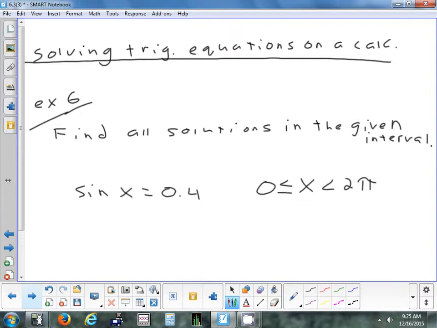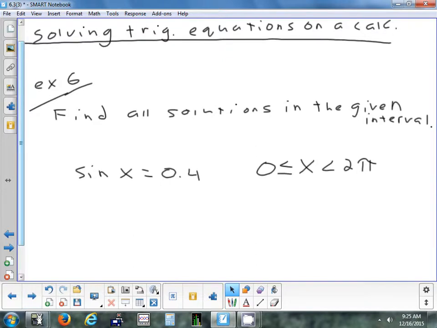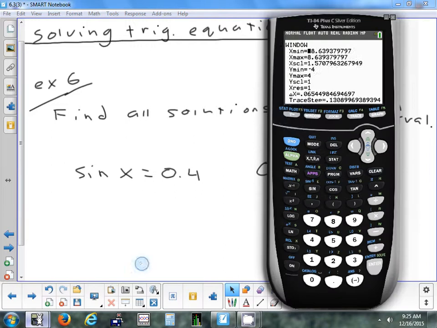All right, so the other thing we can do on the calculator is solve equations like this. For now, we'll practice it on the calculator, but eventually we're also going to practice solving these by hand. All right, so let's just graph this. How could I set this up so I can graph it?